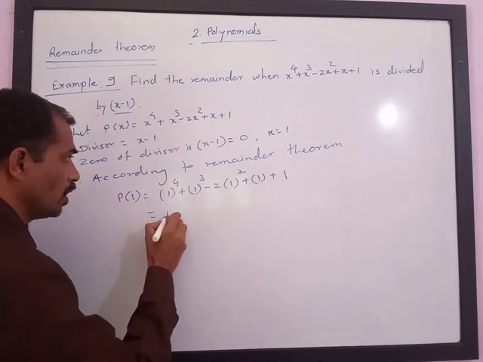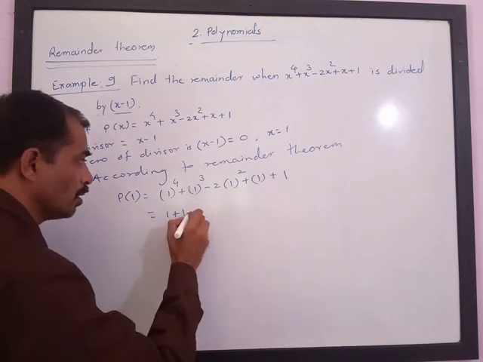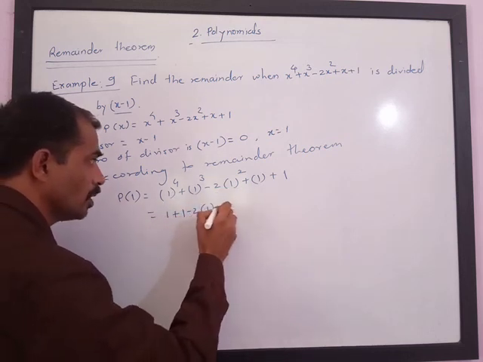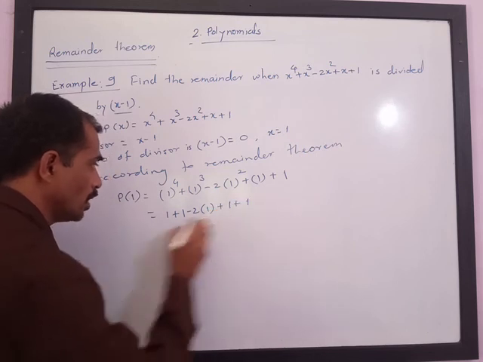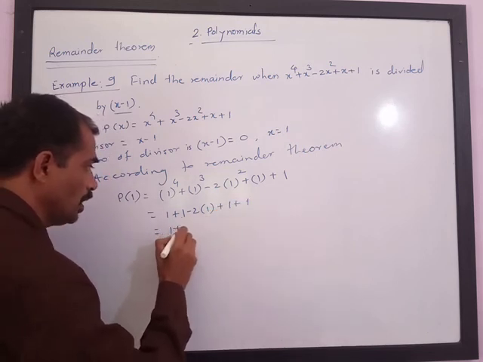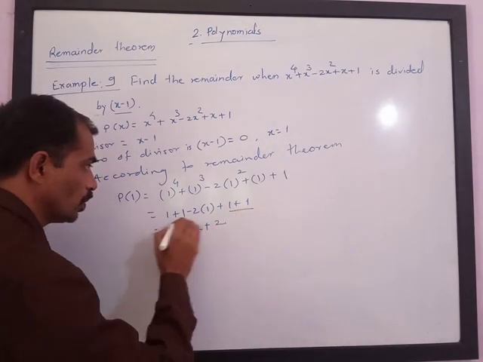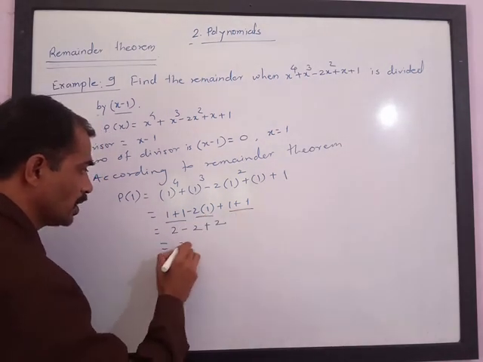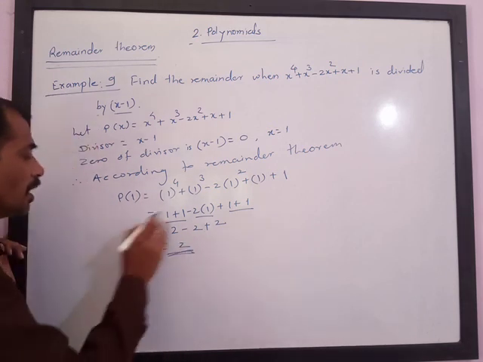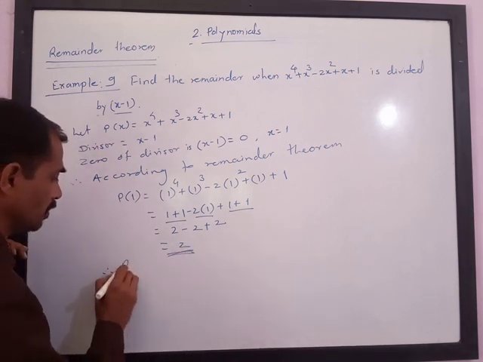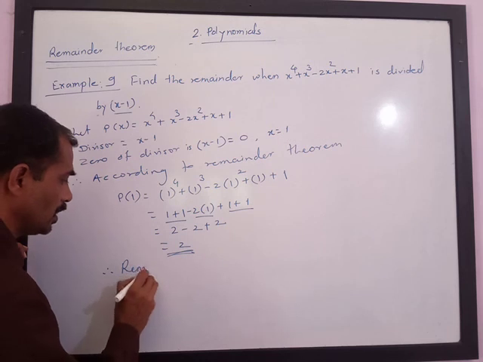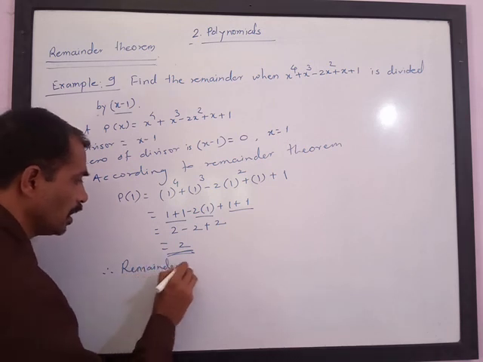So this is equal to 1 plus 1 minus 2 into 1 plus 1 plus 1. So this is equal to 1 plus 1 is 2, minus 2, plus 2. So answer is 2. 2 itself is the remainder. Therefore remainder is equal to 2.